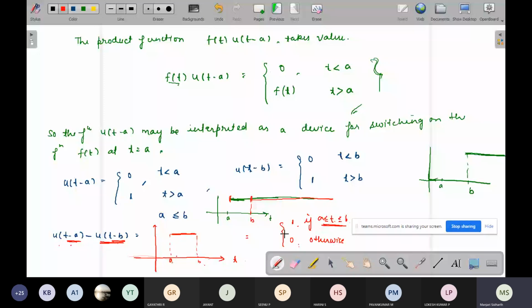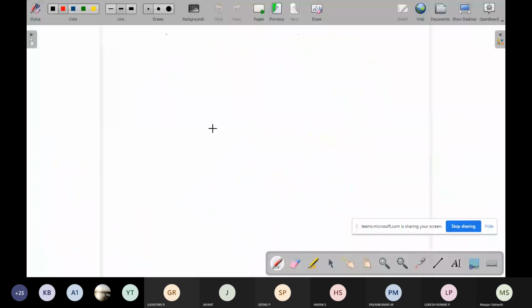Using this property, we'll be able to define the piecewise continuous function. How? Okay, so we'll see that function only. Suppose a graph of a function is given, a piecewise continuous function graph. You already know what the piecewise continuous function is.